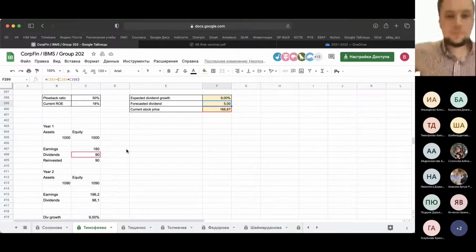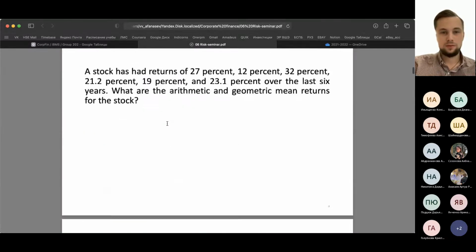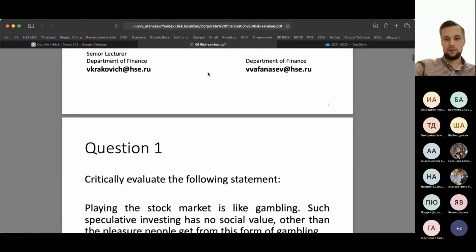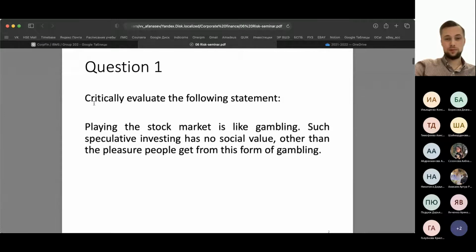Okay. Well, let's then move on and start our today's work. So we are going to talk about risk and return. And let's start with a small warm-up. So I have some statement here. What is said here?